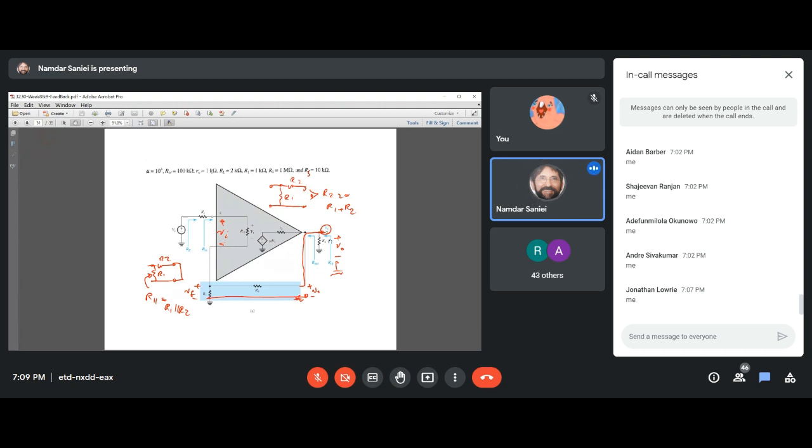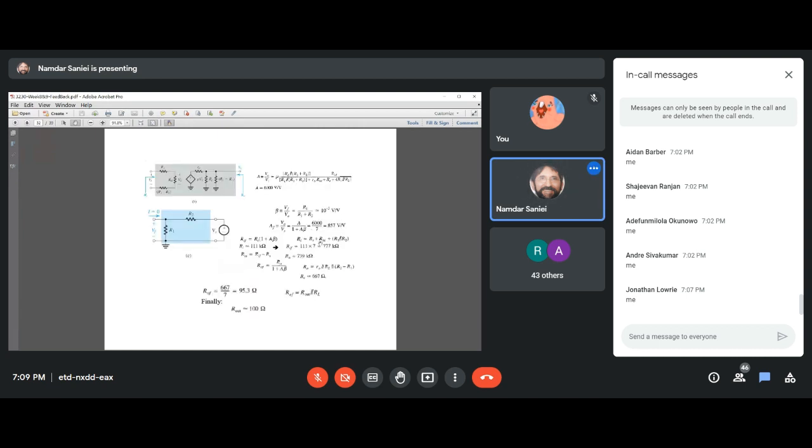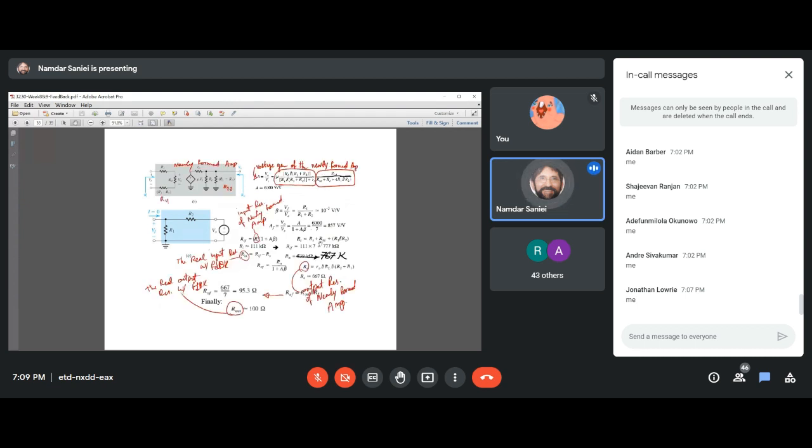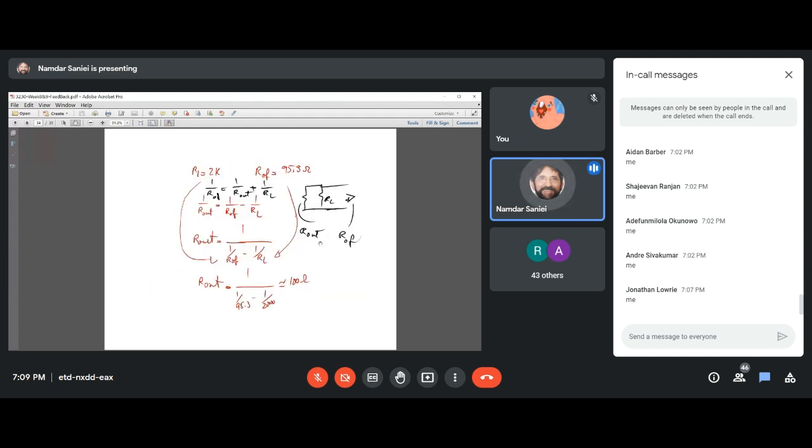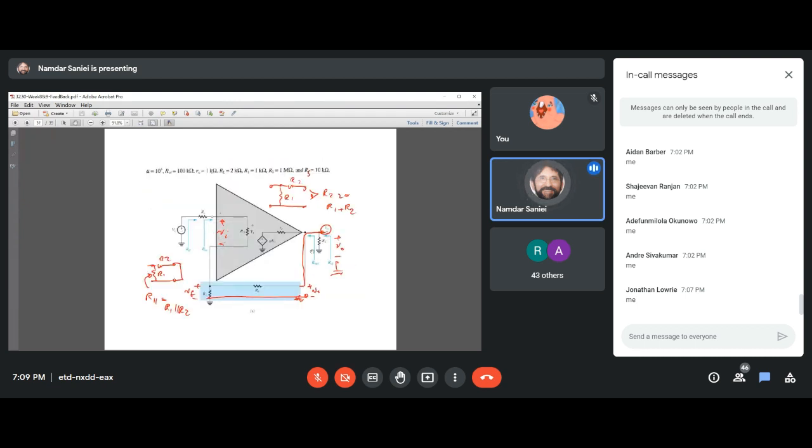We have to spit it out. And when we throw RL out, as we did here, then we have another resistance, which is the true output resistance of the amplifier under feedback.